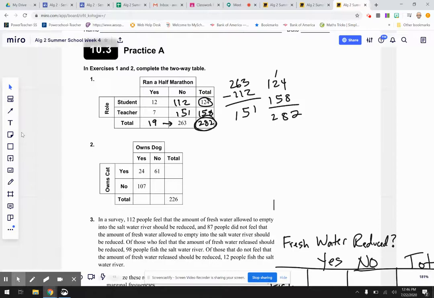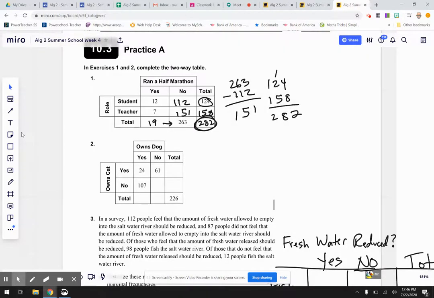You got 61 people that own a cat but not a dog. So we were talking about 85 cat owners. And then we've got 107 people that don't own a cat that do have a dog.